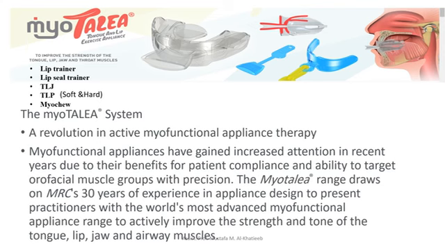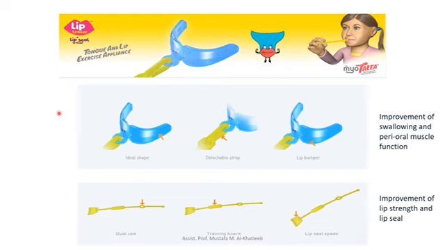We'll talk about it. This is the lip trainer. This is the lip trainer. Ideal shape, detachable strap, and lip bumper.